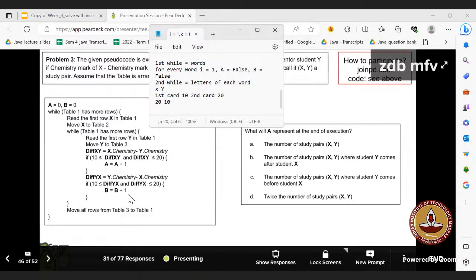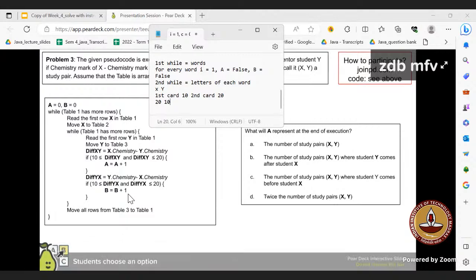Ma'am, if student y comes after student x, means y is to the left of x? So there are 1, 2, 3 cards, no? The first card is x and the second card is y.